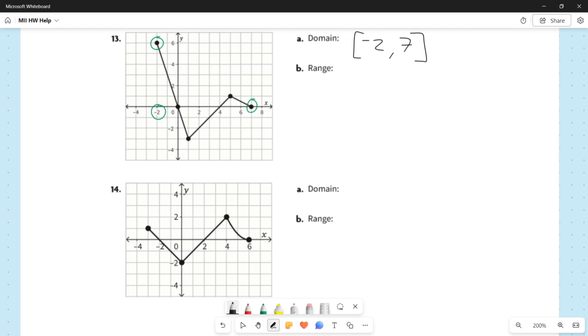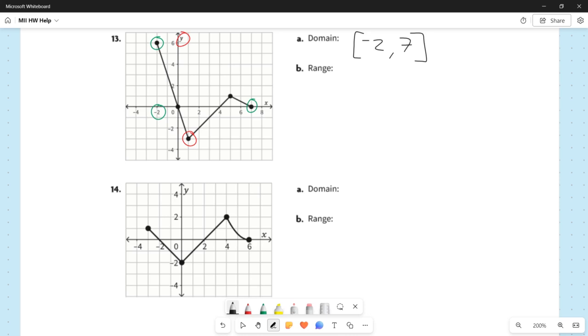The range, we're going to do the exact same thing, except we're going to look at the y's. Other than that, it's the same concept. So for the range, the lowest y value that I see in this function is down here, between -2 and -4, which is -3.